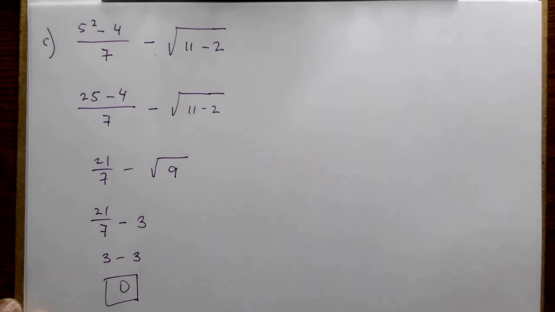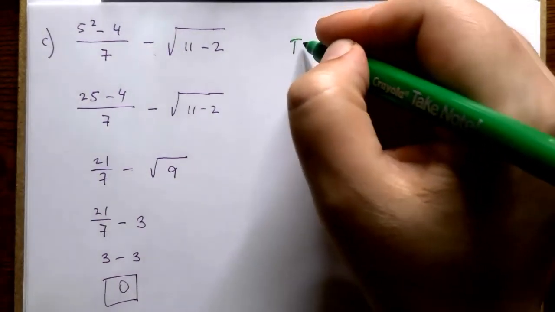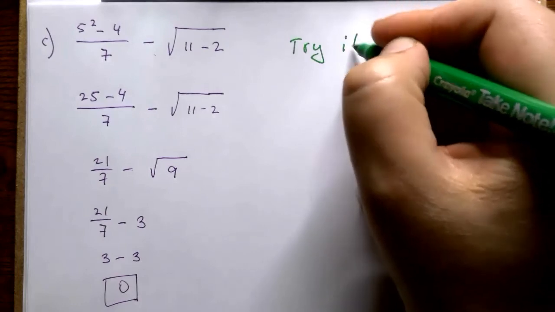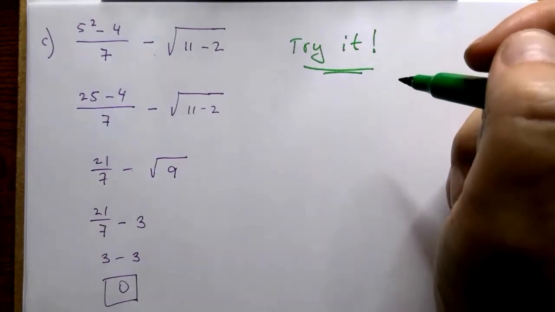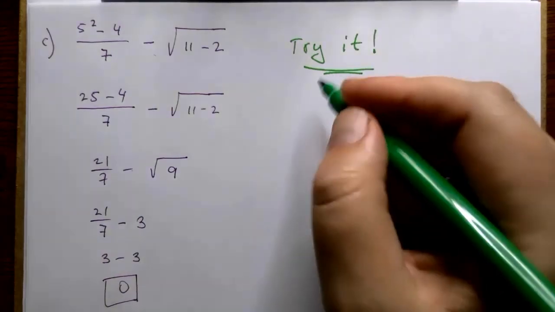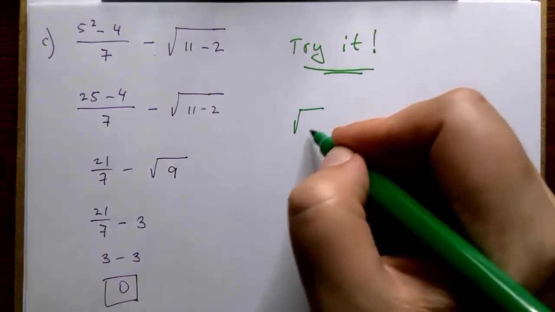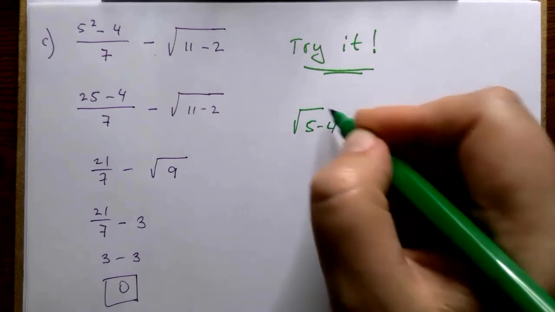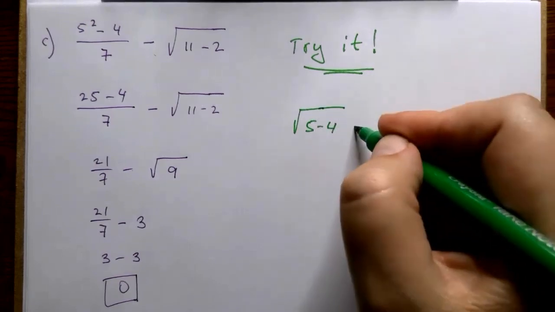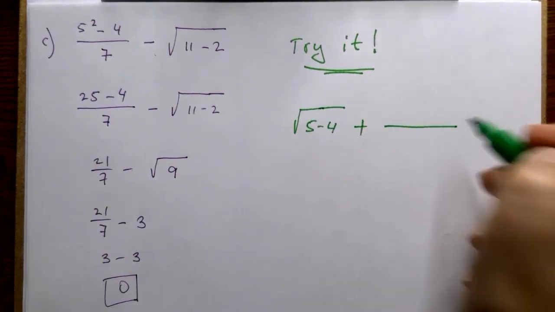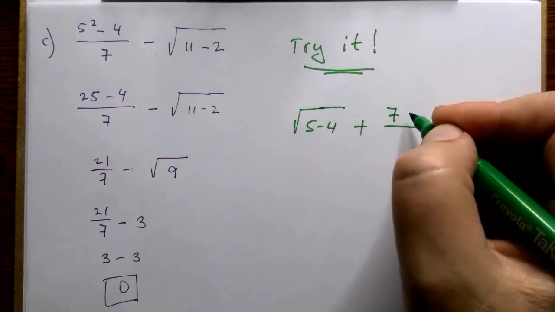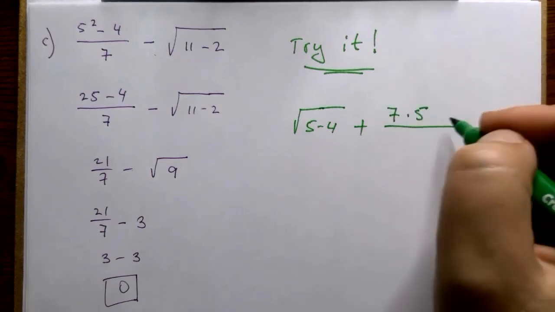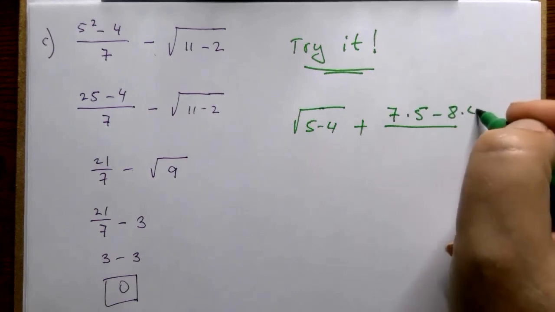Now the one that I want you to try is the square root of 5 minus 4 under the root, plus a radical with 7 times 5 minus 8 times 4.